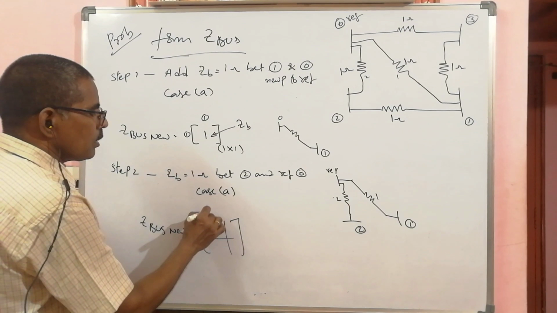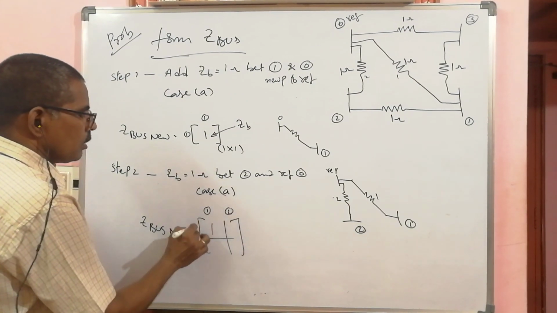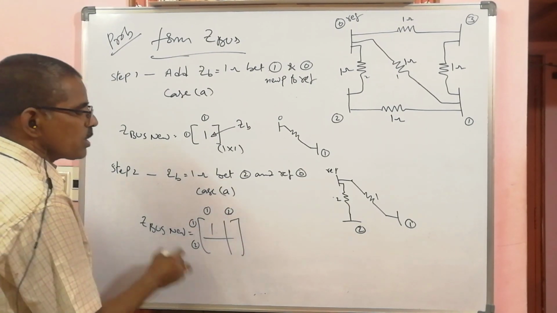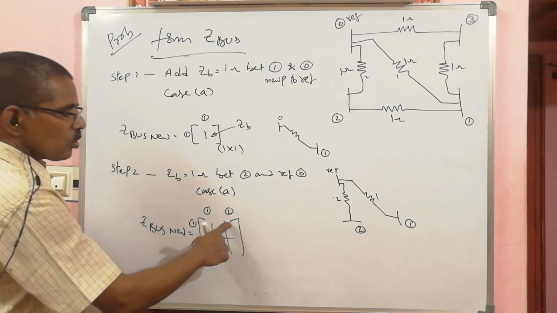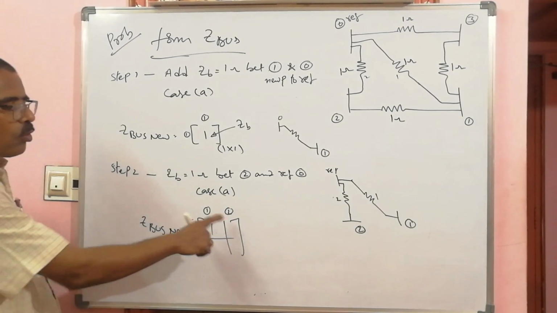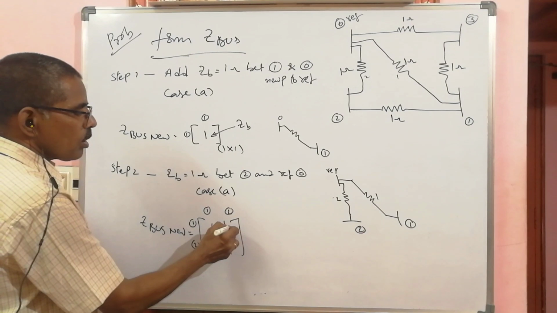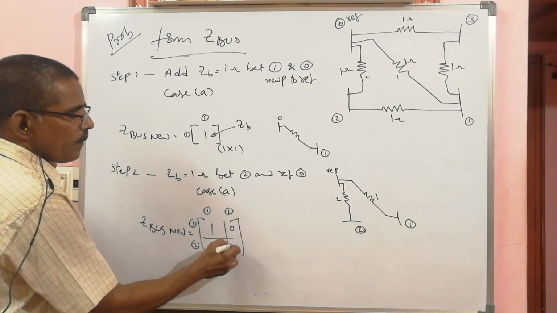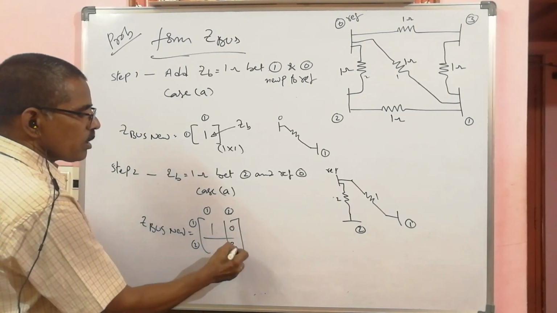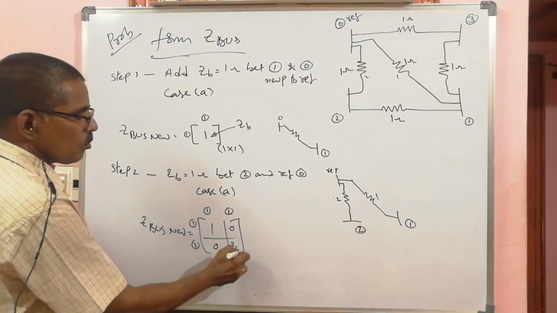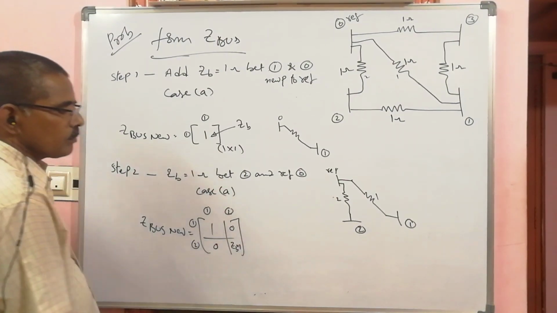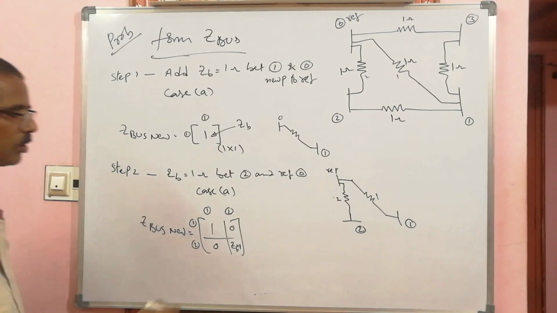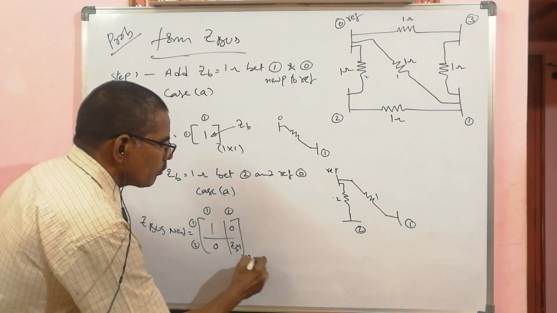And you are adding another bus to the system, that is second bus. So you get new column and new row. What are new column values? They are zeros only. And this is ZB. What is ZB? It is 1.